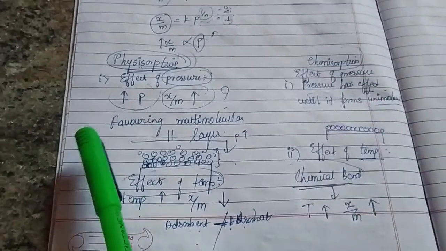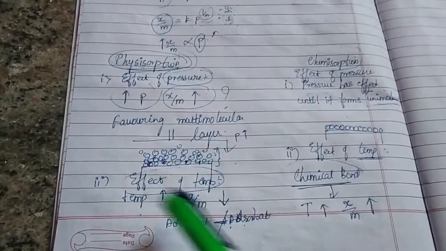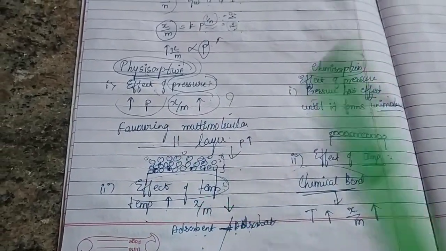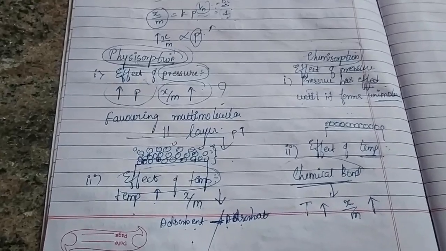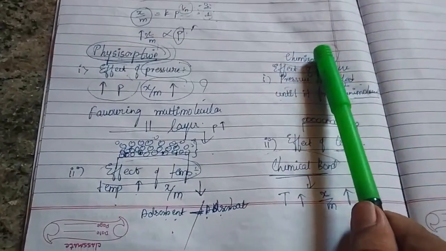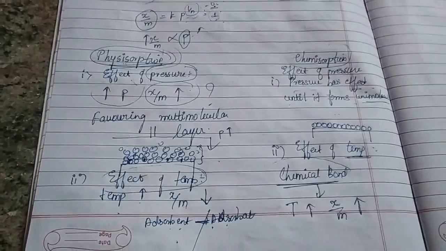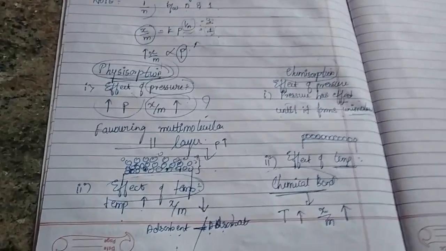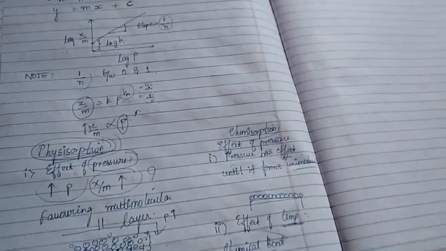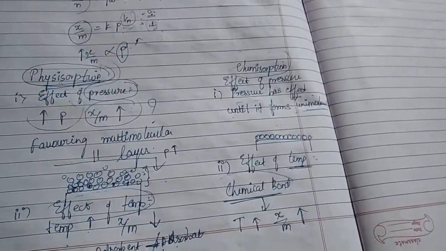Coming to temperature in physical adsorption, with an increase in temperature, desorption takes place. That means adsorption decreases. But in chemical adsorption, with an increase in temperature, the rate of adsorption also increases. So these are the effects of temperature and pressure on the rate of adsorption. A very important point to remember.